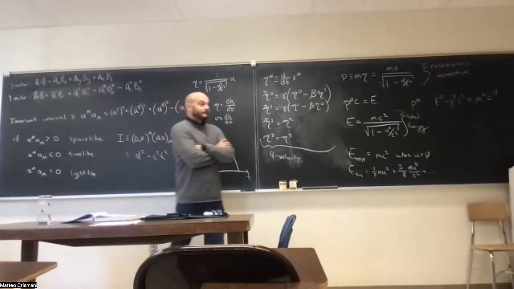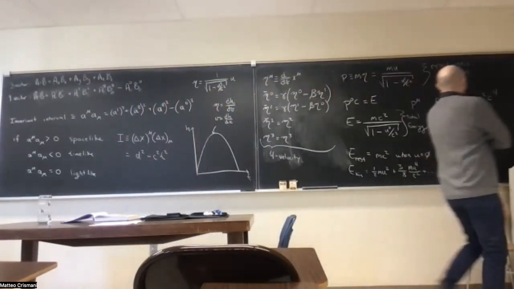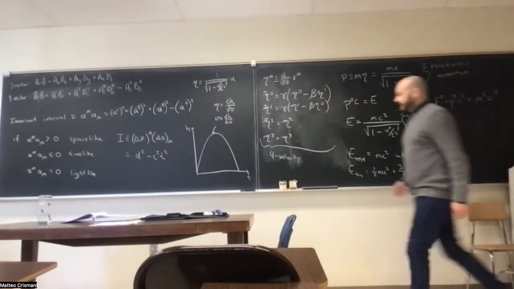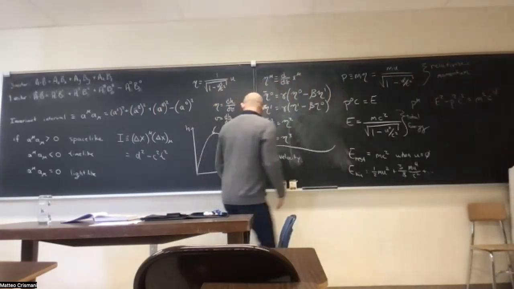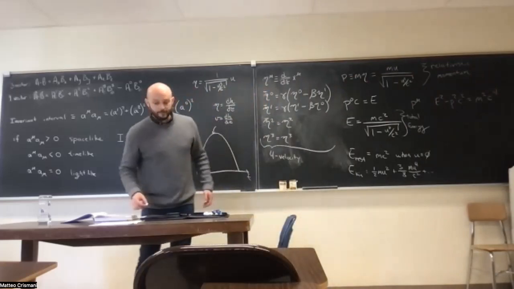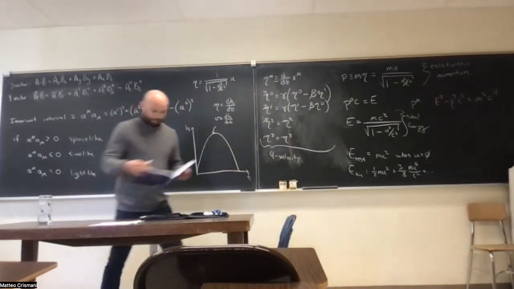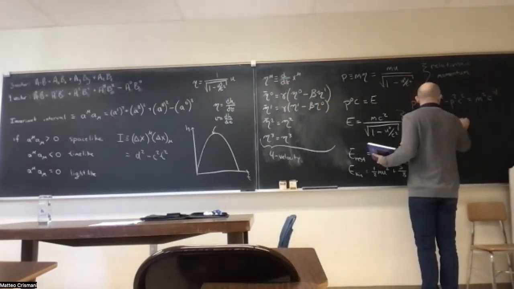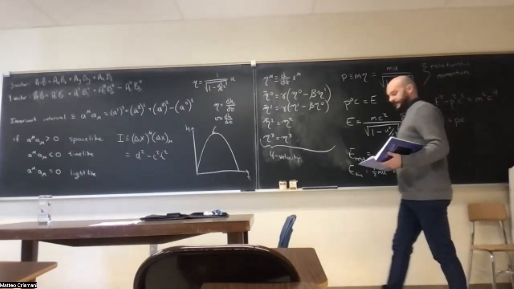Zero. Well, the mass is 0. But that means that I can put PC on the other side. And there's a direct relationship. What did I just put down? There's a direct relationship where E equals PC, right?